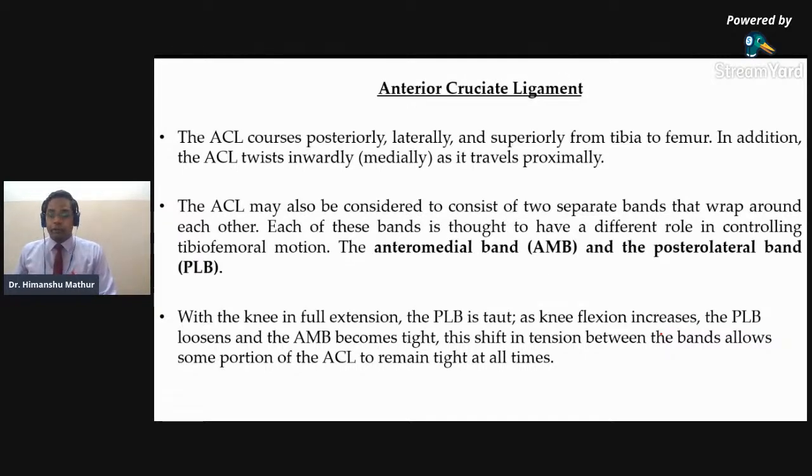Okay. Coming on to one of the most important structures of the knee joint, that is ACL, that is anterior cruciate ligament.